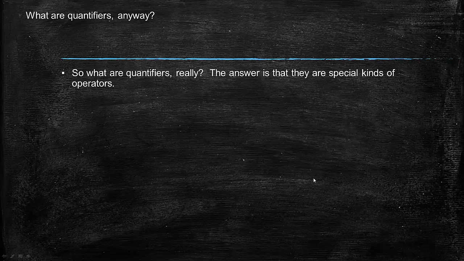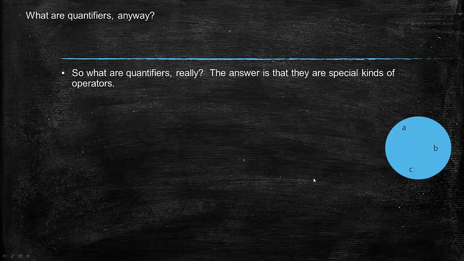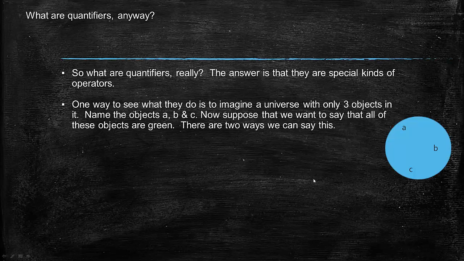So what are quantifiers? Well, the answer is that they are special kinds of operators, like and, or, if then, not, and if and only if, right? Now, one way to see what they do is to imagine a universe with only three objects in it. So say A, B, and C. So here's our little universe over here with three objects in it.